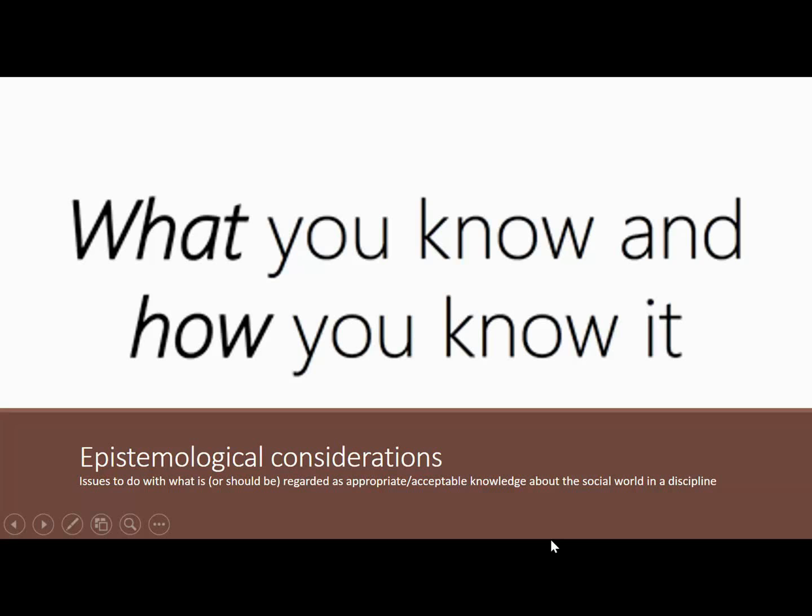Then you are obviously going to go for quantitative data collection because you're going to struggle to do that with qualitative data. So you need to understand what you yourself, through your socialization in your field, have come to understand what is acceptable knowledge.